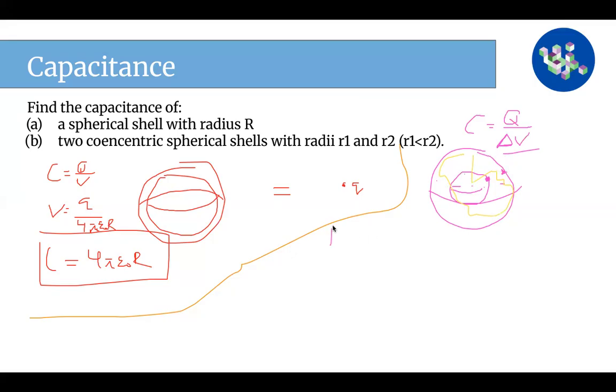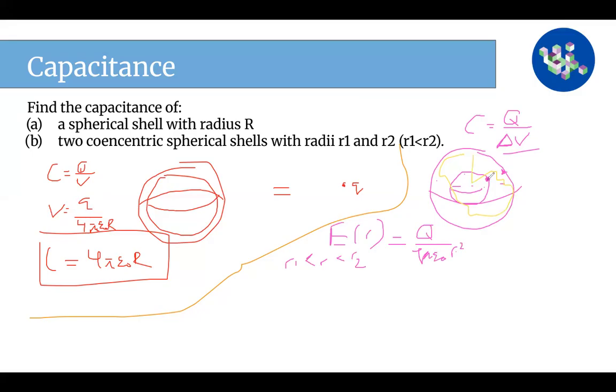Assuming R is between R1 and R2, so R1 is less than R is less than R2, E of R would just equal Q divided by 4 pi epsilon 0 times R squared.